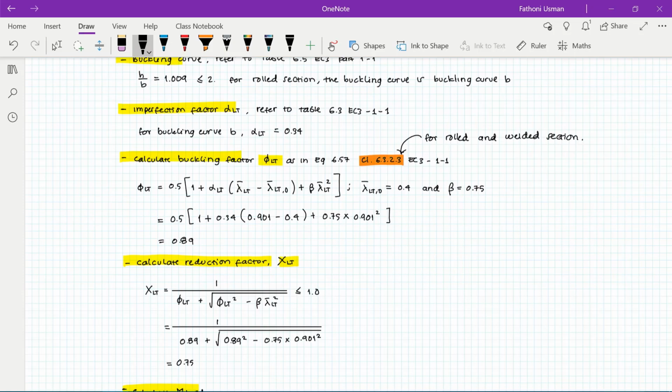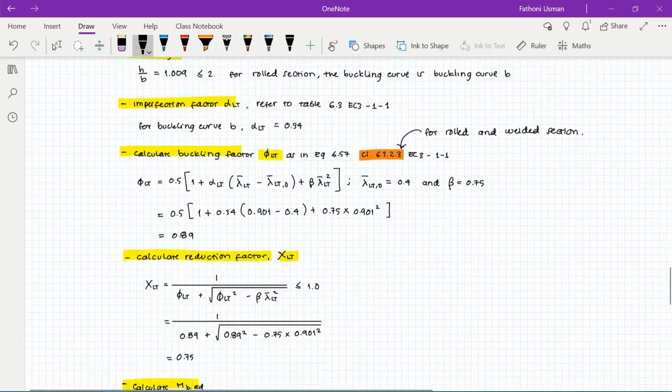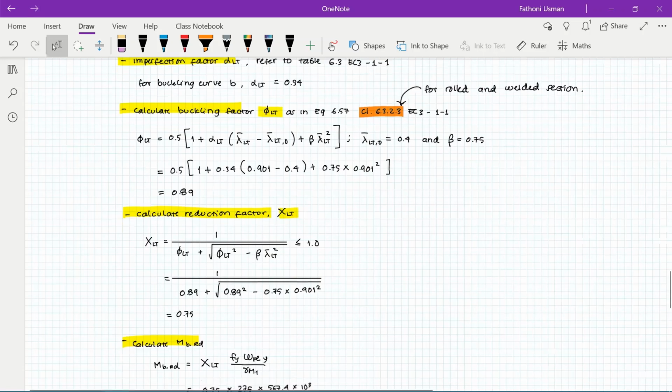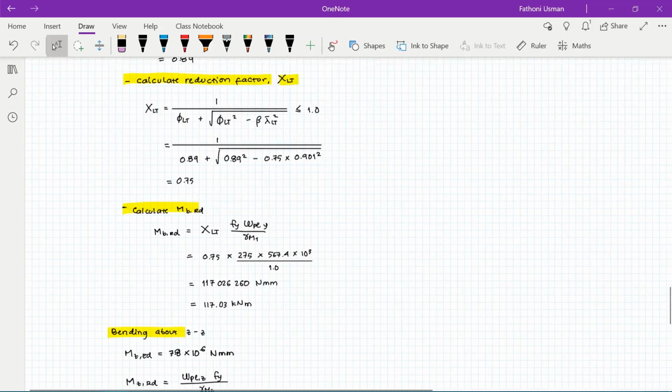Just fit into this expression the previous values of the imperfection factor alpha LT and also lambda bar LT that we calculated previously. So we have phi LT equal to 0.89. Then we calculate the reduction factor chi LT. Chi LT equals this expression, then we have 0.79.